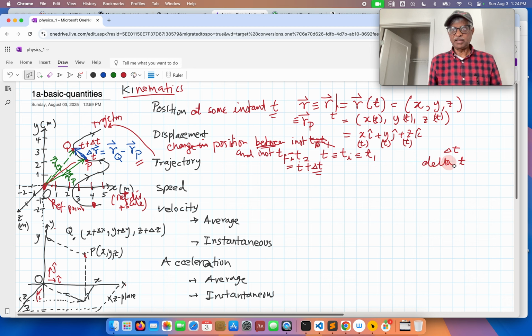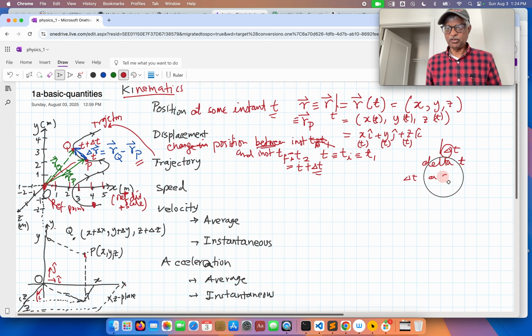This symbol delta has two context dependent uses. Delta t may mean a small amount of whatever this thing is.